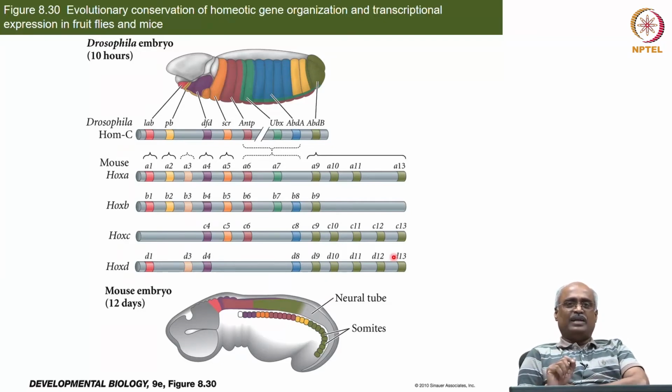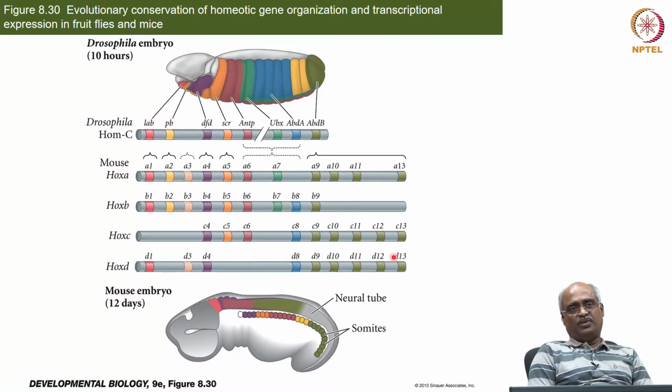So that is the collinearity of their presence in the chromosome and their action along the anterior posterior axis. So initially their expression is in that pattern. The 5' most ones are expressed in the anterior most, and the 3' ones expressed in the posterior most part of the embryo, leading to those structure specifications in that order.